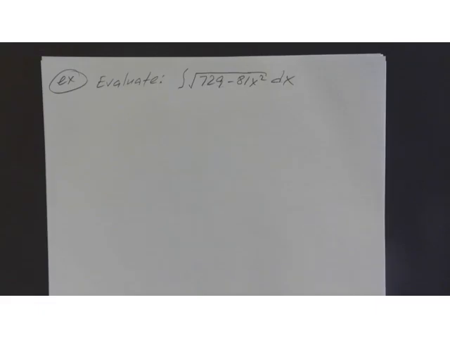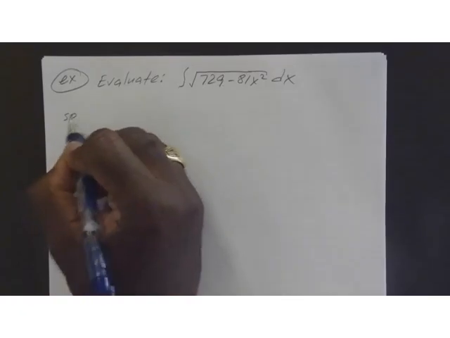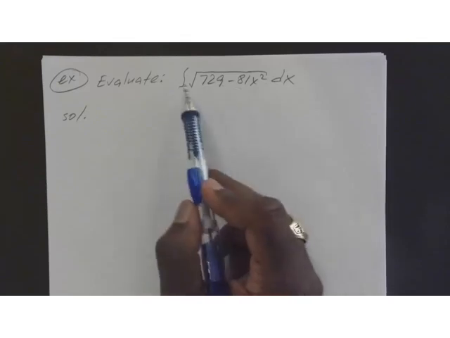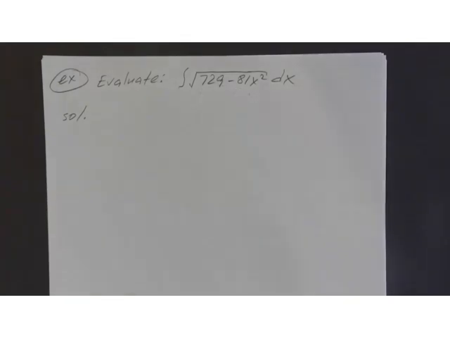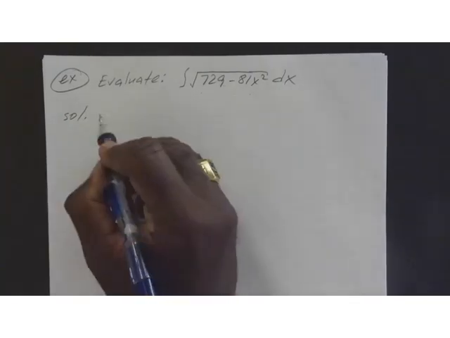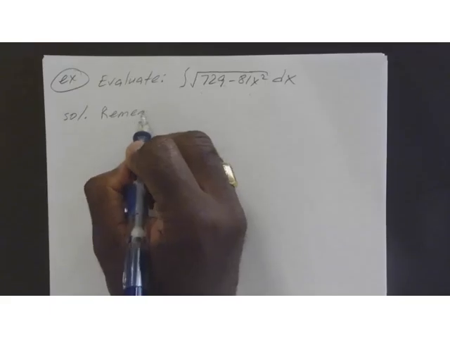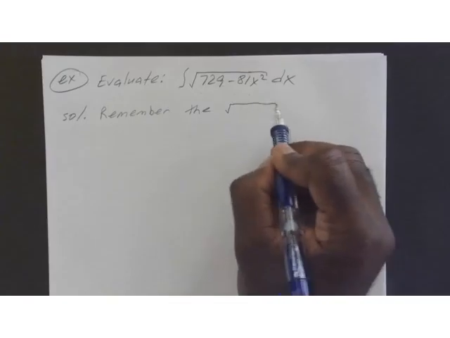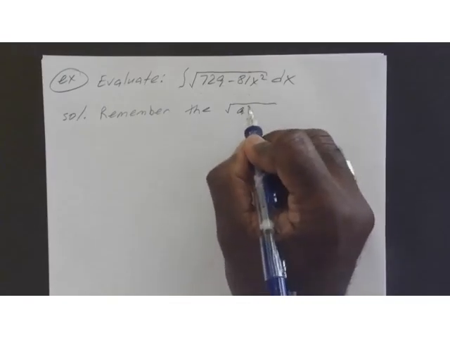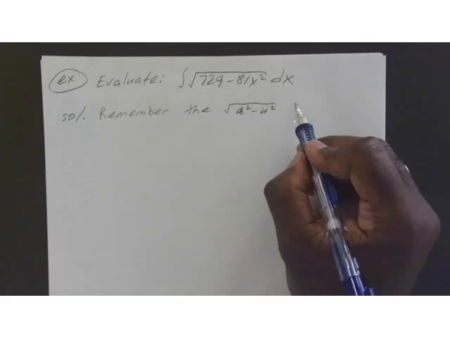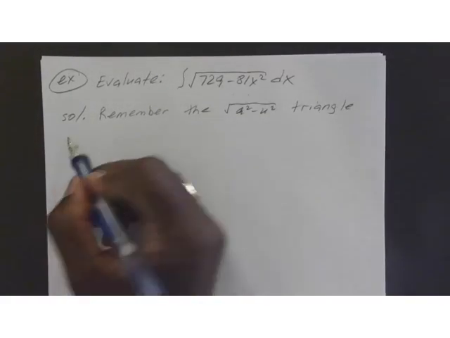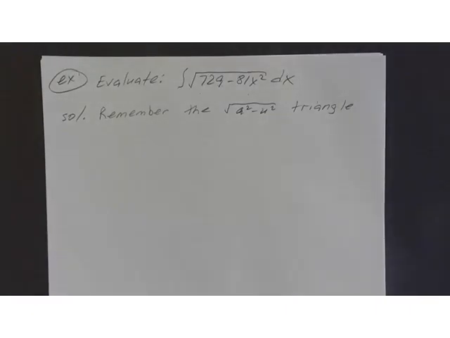Okay, but luckily it is in the square root of a squared minus u squared form. So if you remember the square root of a squared minus u squared triangle, you want to make sure you get your triangle.